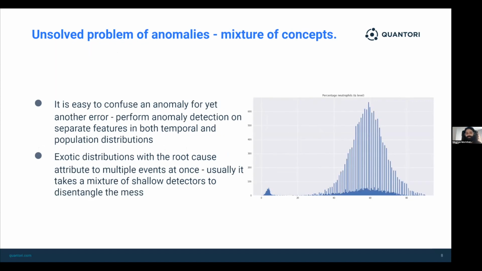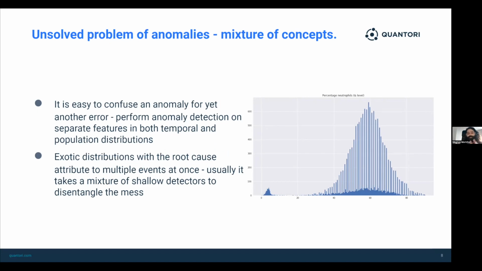So the next problem we face in medical data is anomalies. And basically, it's easy to confuse an anomaly for another error. So it's a good idea to run anomaly detection on separate features in temporal order. What does it mean?